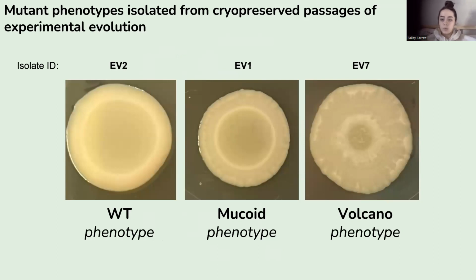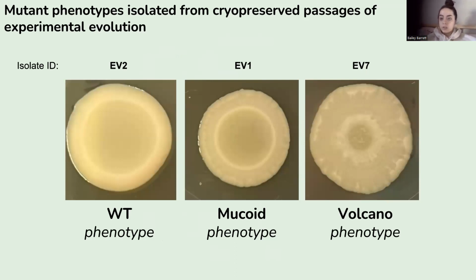We got a couple of different mutants, but the most notable were EV1, which we're calling the mucoid phenotype, and this is EV7 here, but it's since been changed to EV3. So EV3, the volcano phenotype.